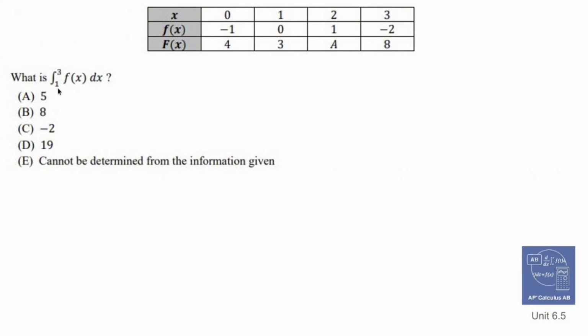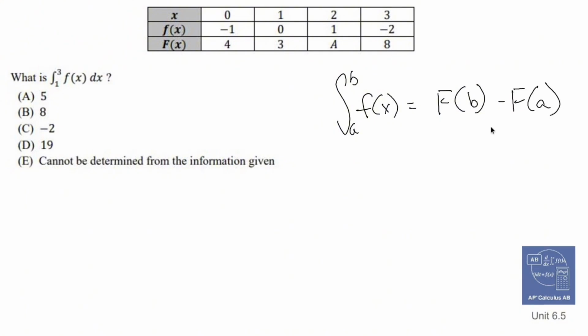What is the integral from 1 to 3 of f of x? Well, we know that the integral from a to b of f of x is going to be the antiderivative at b minus the antiderivative at a. I'm given this information right here.